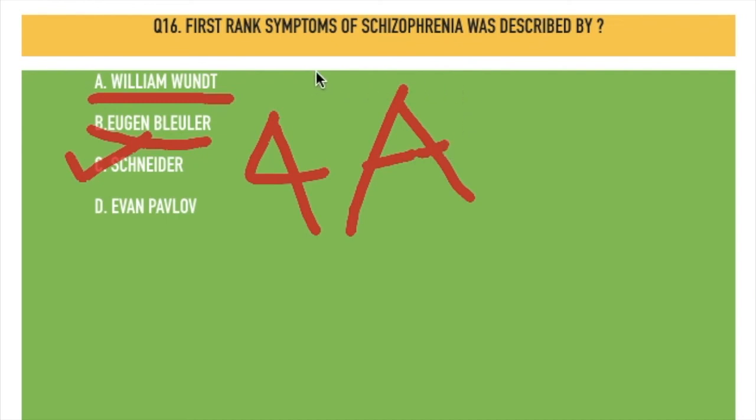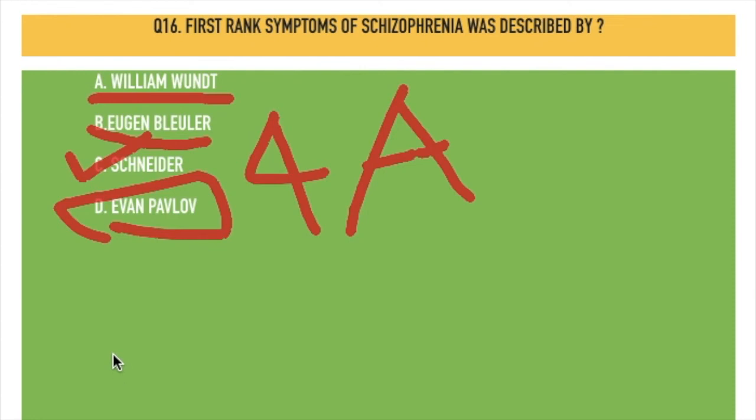We have already discussed that this was put forward by Eugene Bleuler. And next one is Schneider. We already said that first rank symptoms of schizophrenia was described by Schneider. And Ivan Pavlov is one of the pioneers in the experiments of classical conditioning.